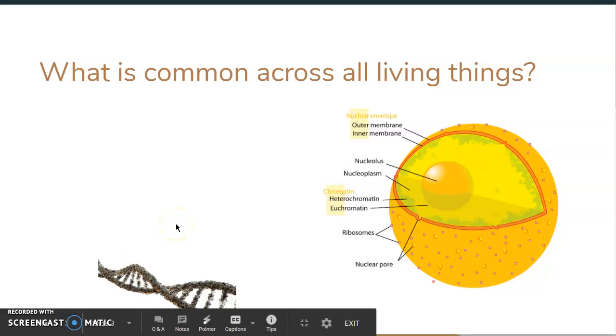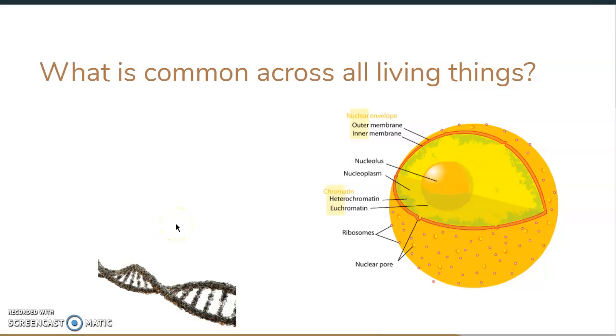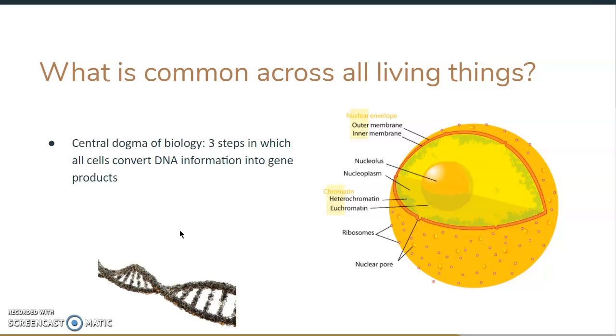So let's also ask what is common among all living things. By looking at what's in common, we can kind of determine what was needed when life was first created. The first thing is there's an idea called the central dogma of biology.